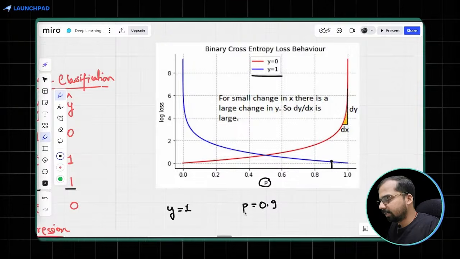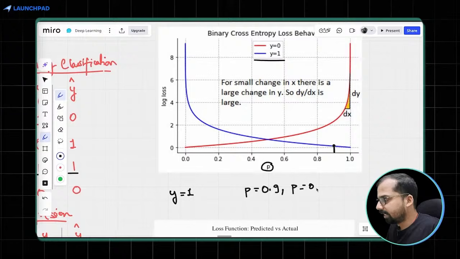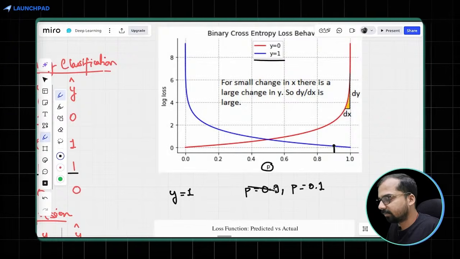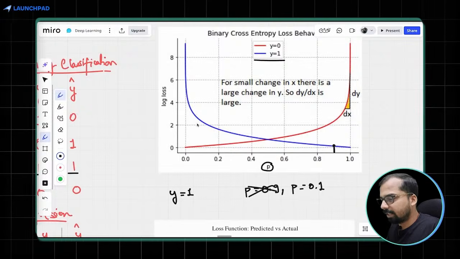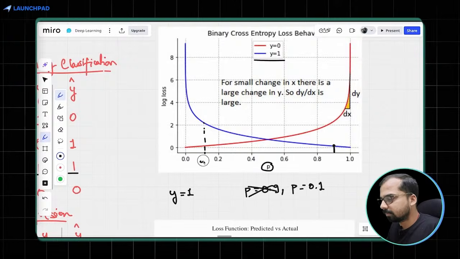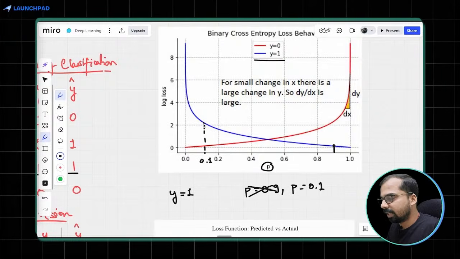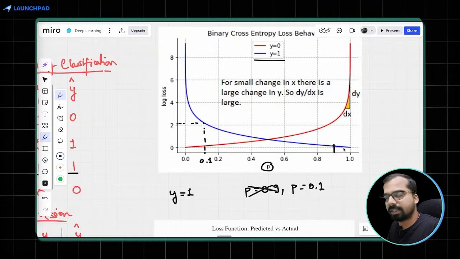But instead, if your probability was, let's say 0.1, but your actual value was 1 only, so this blue line 0.1 will be somewhere over here, correct, and the loss is higher. We want to go in this direction.